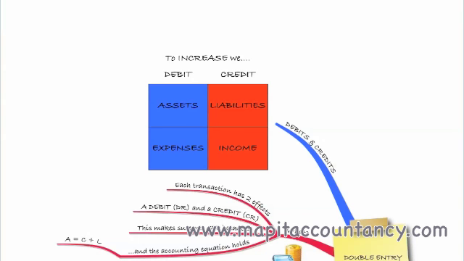So to increase our assets, we debit them. To increase our liabilities, we credit them. And when we're thinking about the income statement, the expenses in our income statement will be debits, and the income in our income statement will be a credit. So sales will be a credit, wages will be a debit. So you need to learn that table.